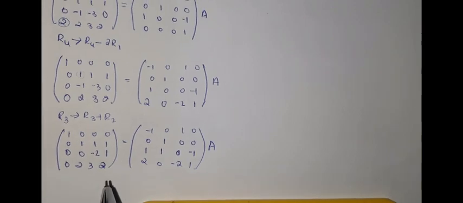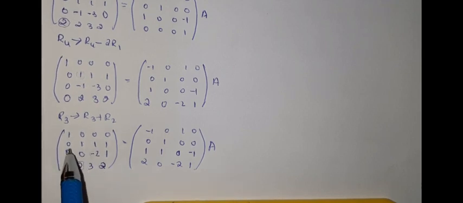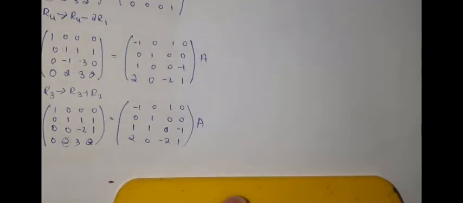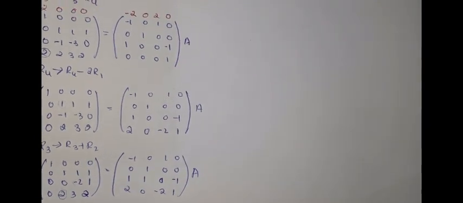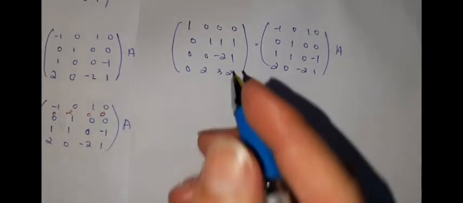The next move will be to make this element 0, and coming to this part, we'll make this 1, 0, 1 like this. Try to make this 1 1 1 1 0 0 0, so that half of the identity matrix will be done, then the next half we will do after that. So this is tedious work, but anyway, by practice we can learn it. So I will do it right here.